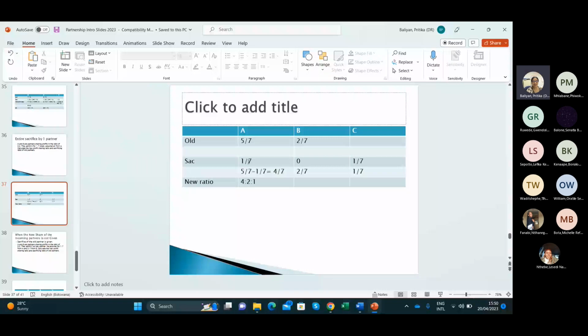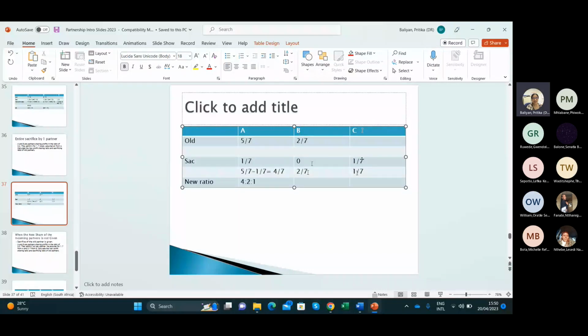How much is remaining? 5/7 minus 1/7, because both have the same denominator. From 5 we subtract 1, and we remain with 4/7. B is not sacrificing, because only one partner is sacrificing, so B's portion remains the same, 2/7, and C is admitted on the agreed share of 1/7.